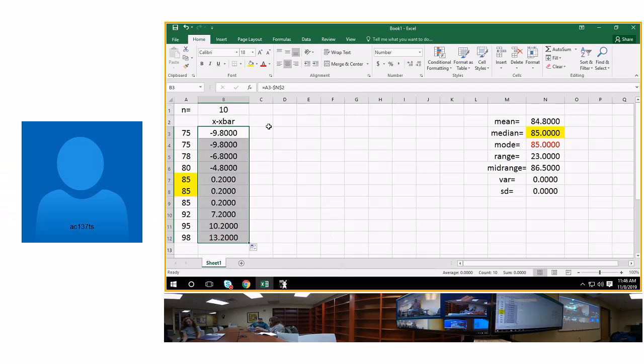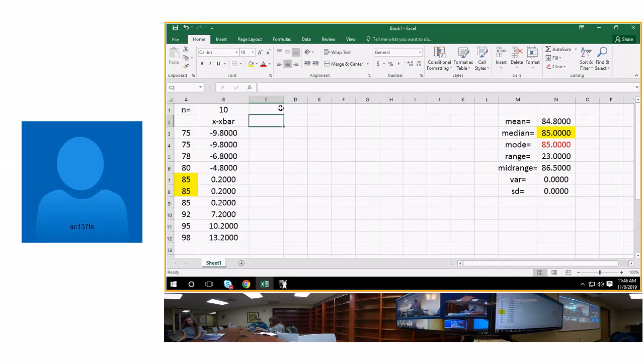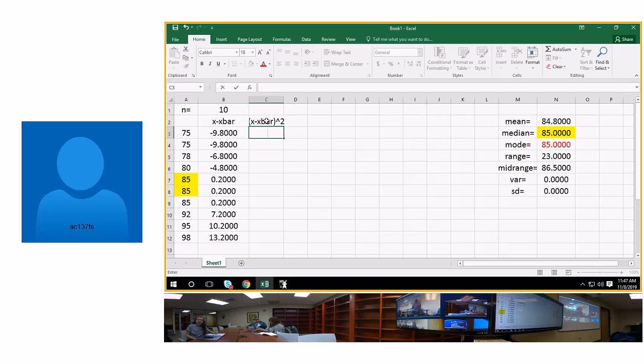Now what do we do with x minus x bar? Somebody look at your formula. What do we do with it? We square it. Okay, I only had 1 or 2 people say something. Everybody should be looking at that formula and reading it.